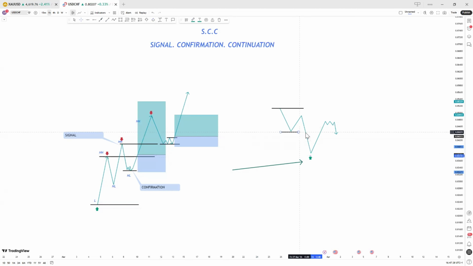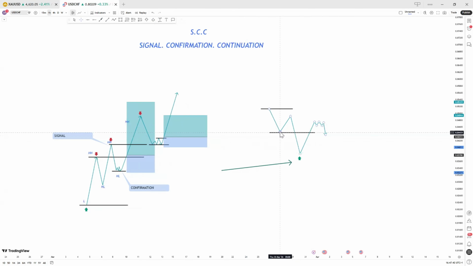Don't forget that buyers are used to this price because this is the high, this is the low. It's like a balance between the highs and the lows. Buyers are used to this price, and sellers are used to this price also.